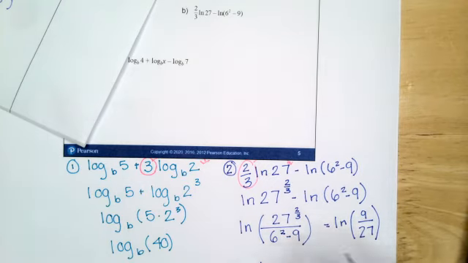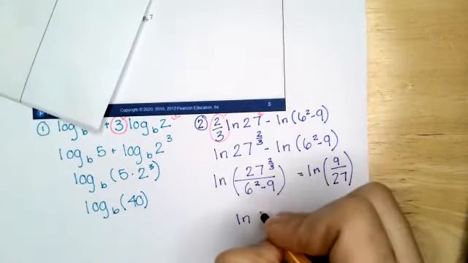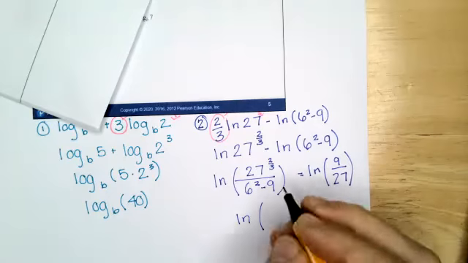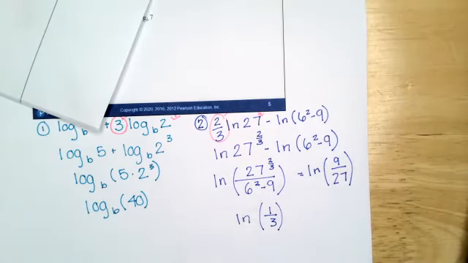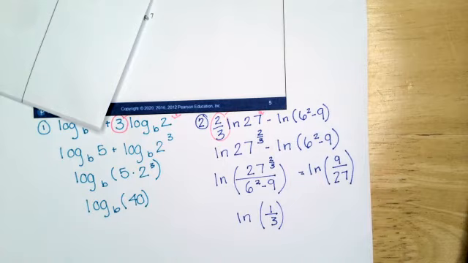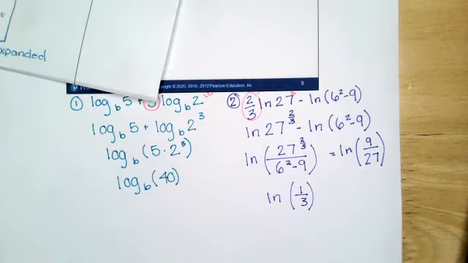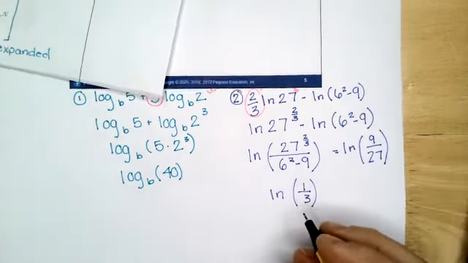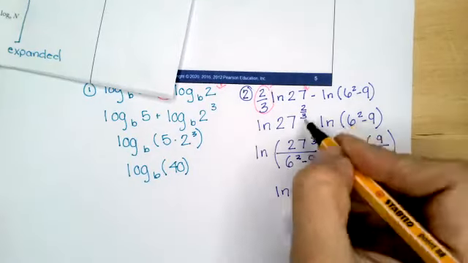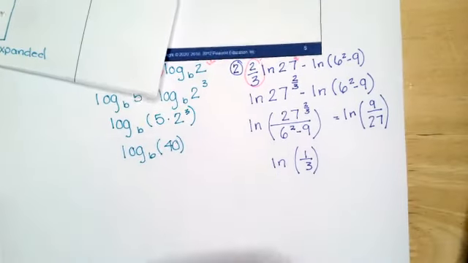So we're taking the natural log of 9 divided by 27, which is the same as 1/3. And you don't have to do it in the order I did it, but in terms of simplifying this, you could simplify all that and then put it into a fraction form.